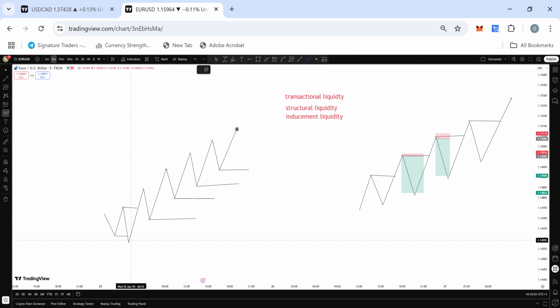So there is a high probability chance that price will come back and swipe all this liquidity, mitigate in this area, this protected low, and keep on buying. Now, all these things are what? Structural liquidities.